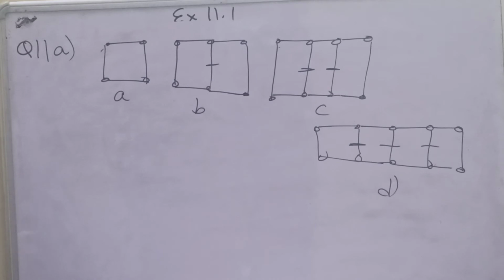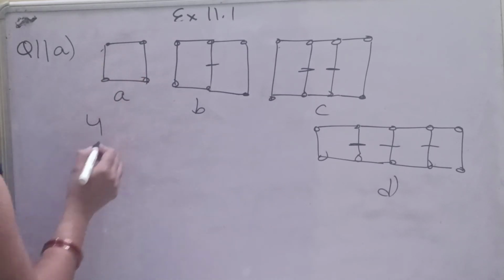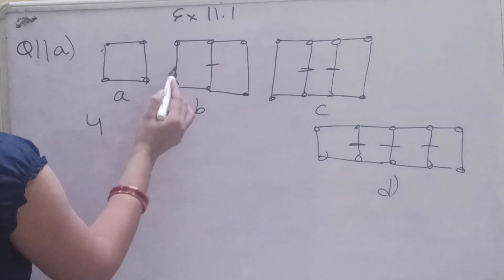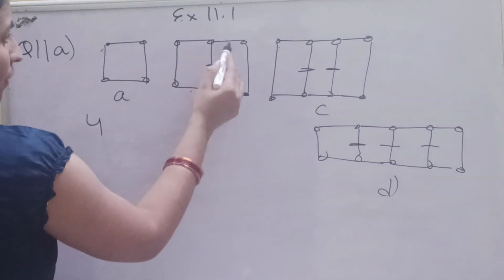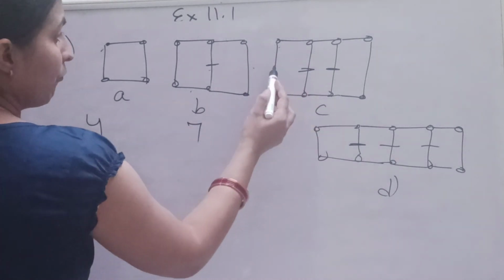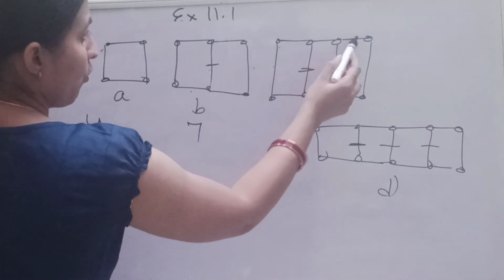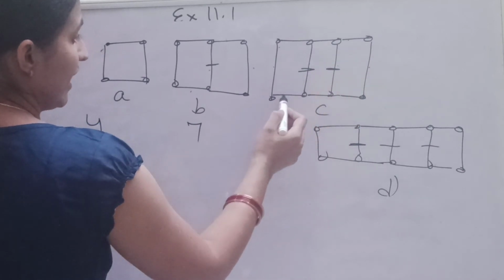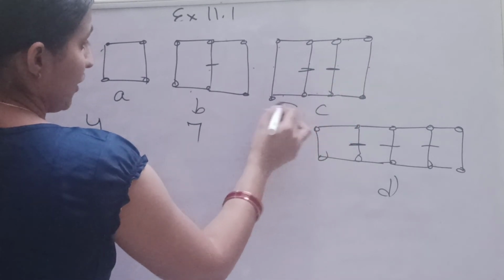So if we check, there are 4 matchsticks used in part A. In B, 1, 2, 3, 4, 5, 6, 7. 7 are used. In C, 1, 2, 3, 4, 5, 6, 7, 8, 9, 10. 10 are used.